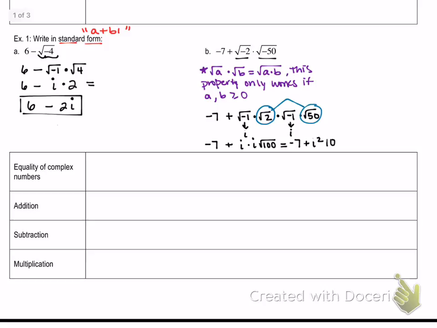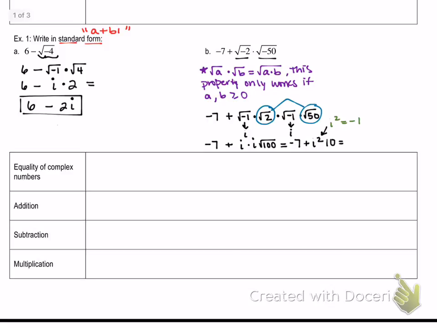All right, so again, my goal is to get this to be in a plus bi format. So notice this i squared poses some problems because I need it to just be i. So we actually defined i squared to be negative 1 in the above box. So now I can take out i squared and plug in negative 1.